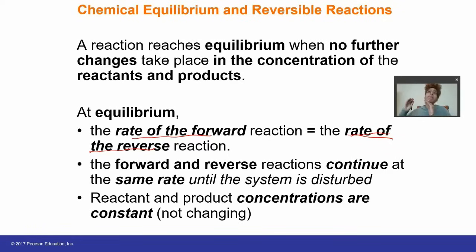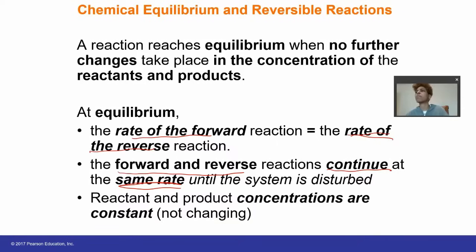So I am making reactant and product at the same rate, the same speed, right? And these forward and reverse reactions continue at the same rate until the system is disturbed, right? We get to the point where we have too many product molecules and we start making reverse. We get to the point where there's too much reactant, so we start going back forward and making the products. And then we'll set up equilibrium.